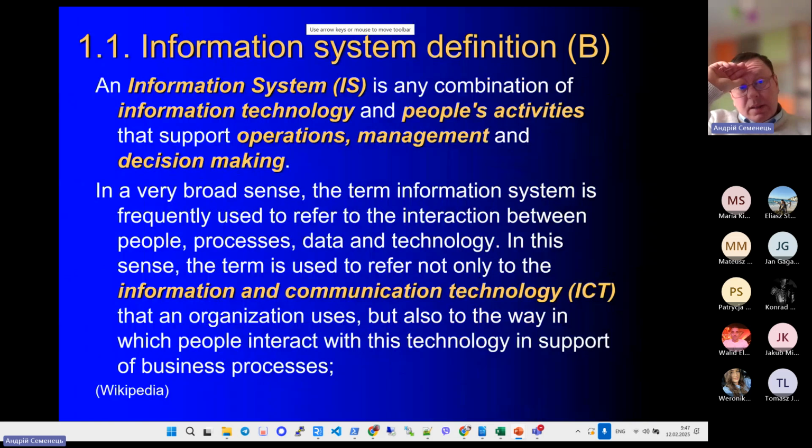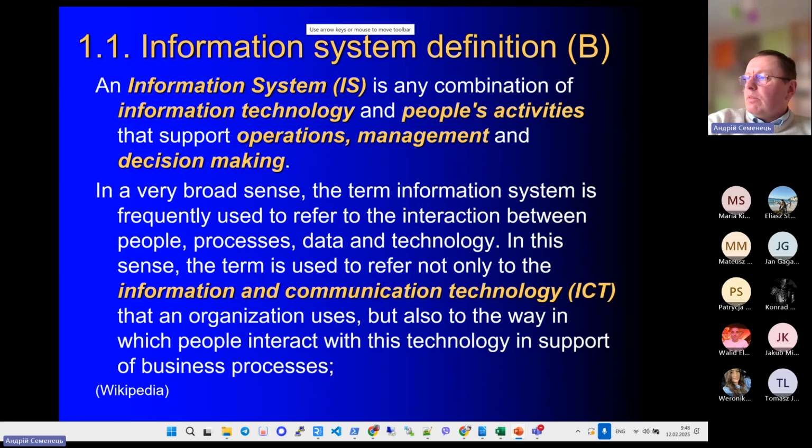Different definitions again could speak about a combination of information technology and people activities that support operations, management and decision making in a particular organization. As you can see, what is common in both is that we combine two sides together.